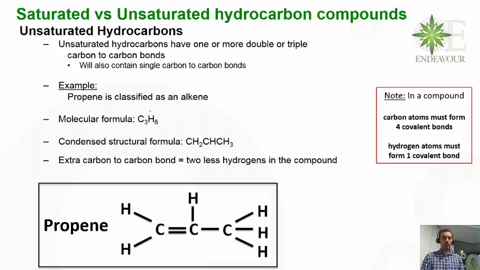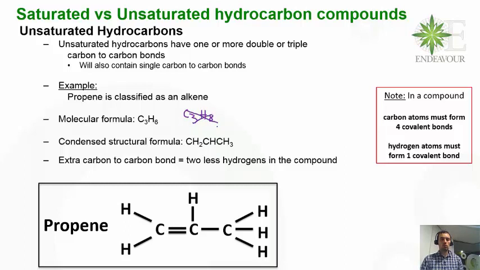So we're now looking at an alkene here, and it's propene because it has 3 carbons. We'll look into a little bit more of the naming nomenclature for the number of carbons in a compound in a later session. But essentially, because of the presence of that double bond, we now have fewer hydrogens attached. So instead of being C3H8 like the previous structure was, it's now C3H6.